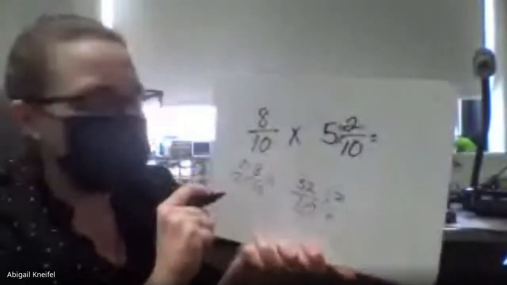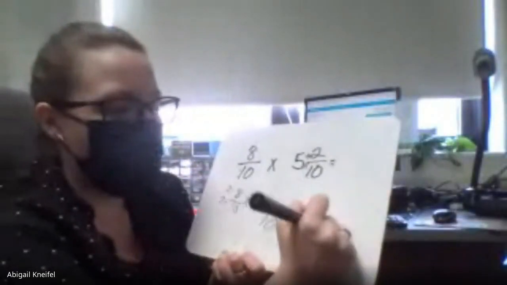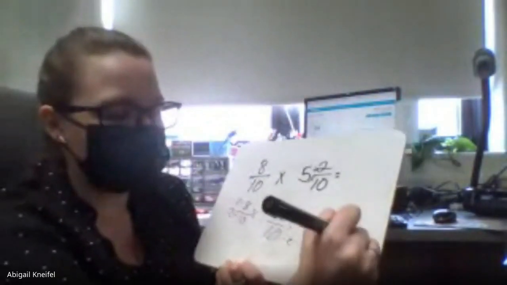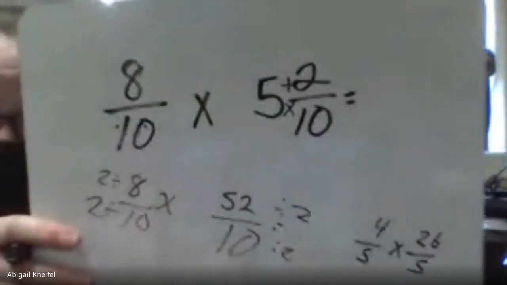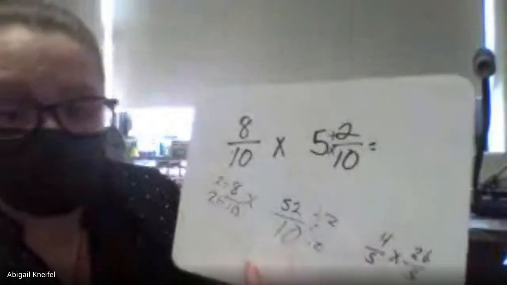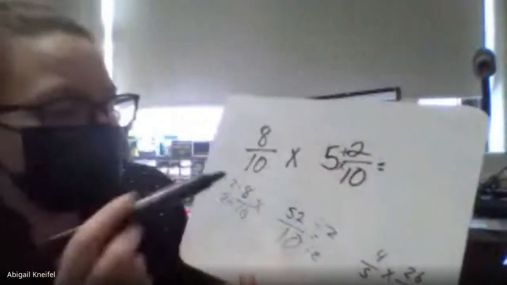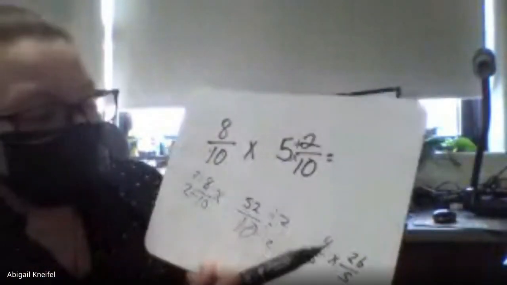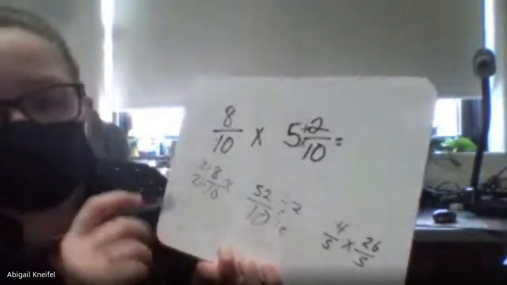And my new problem is 4 over 5 times 26 over 5. All of those can be simplified by 2 evenly.